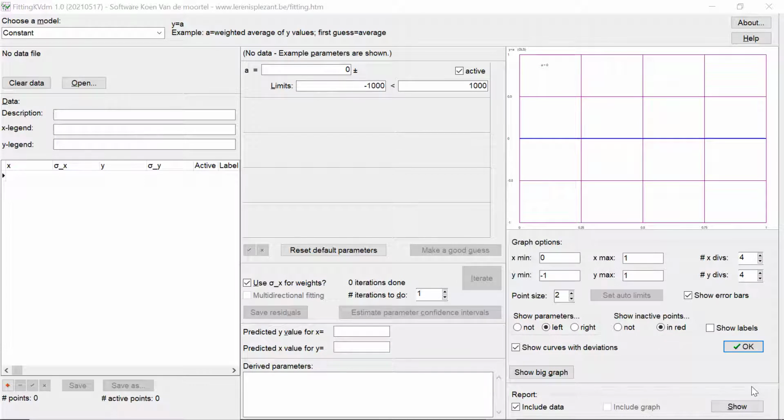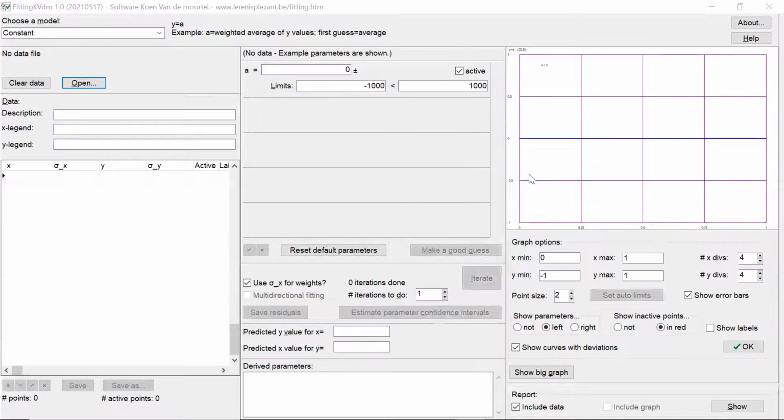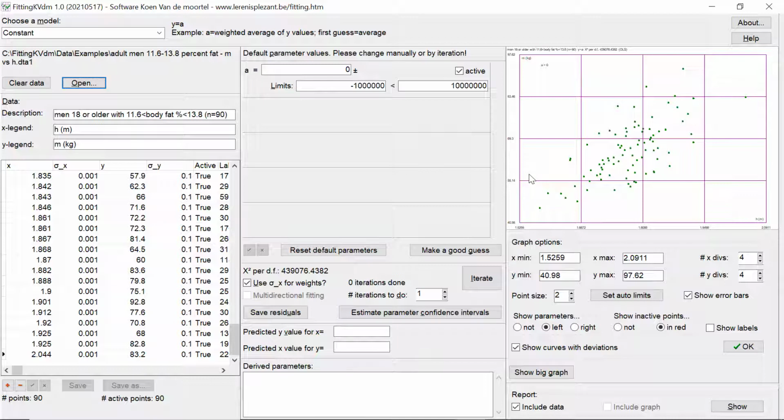Let's look at some data. I have a file here with the heights and the masses of adult men in a good body shape. They're not too skinny, they're not too fat. So you see the measurements here.